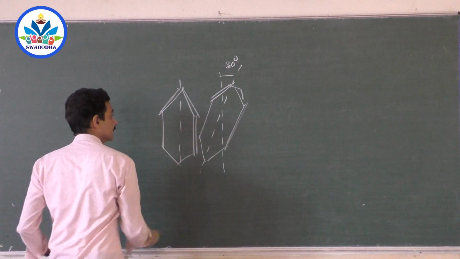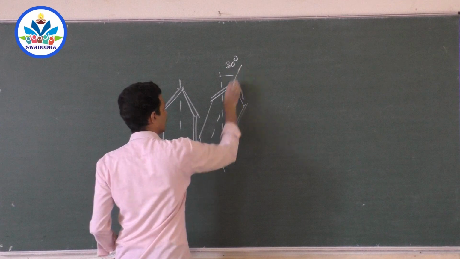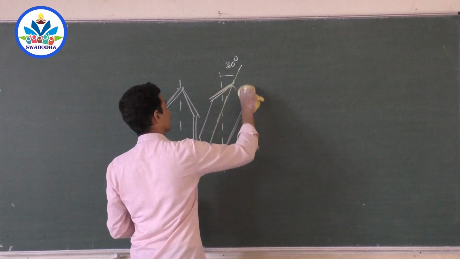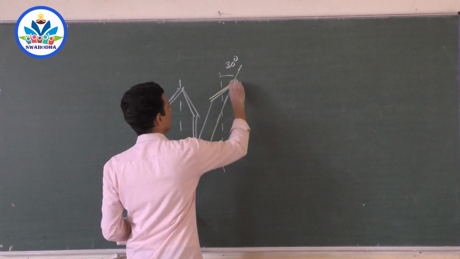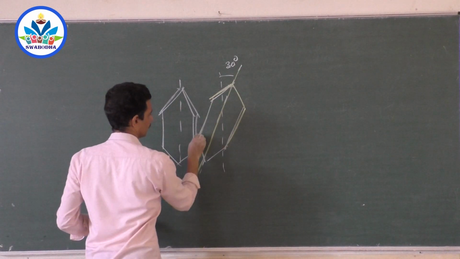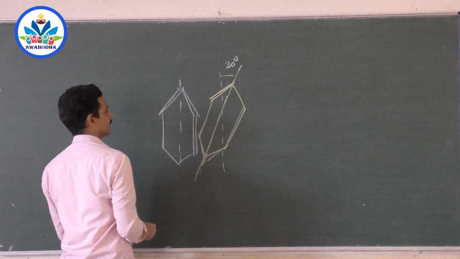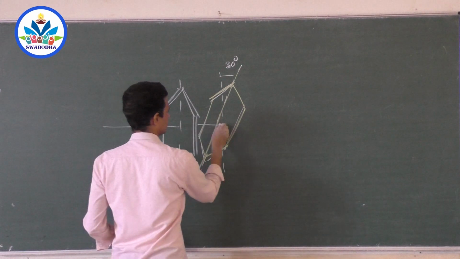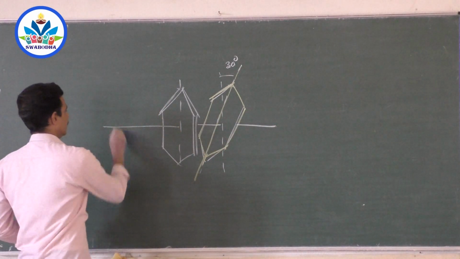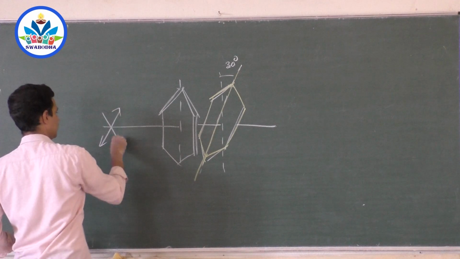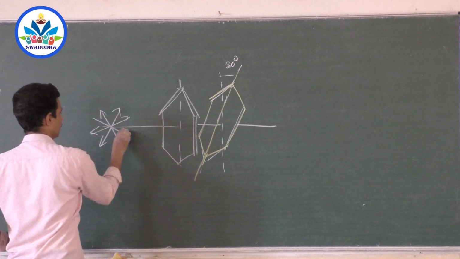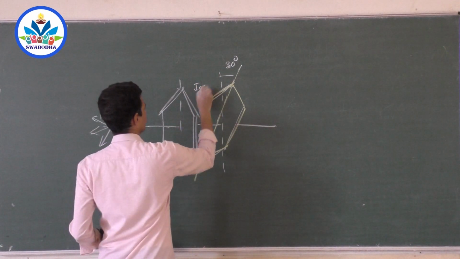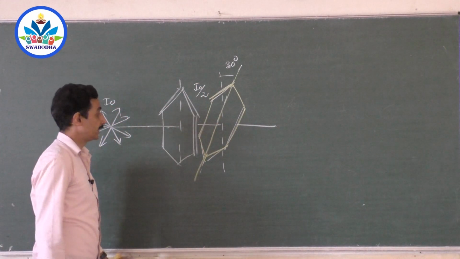This one is the analyzer, and here is unpolarized light of intensity I naught. It passes into this, and definitely it becomes I naught by 2 by the time it reaches here.